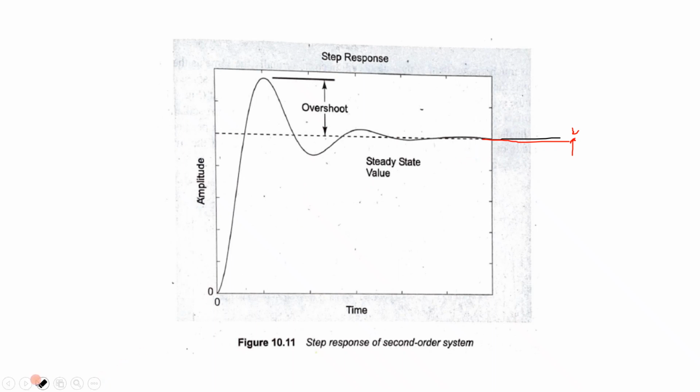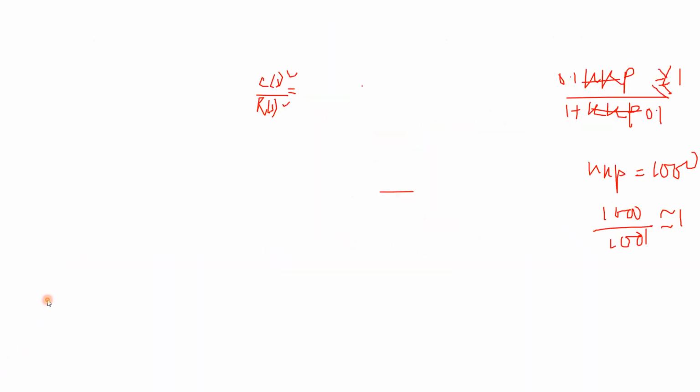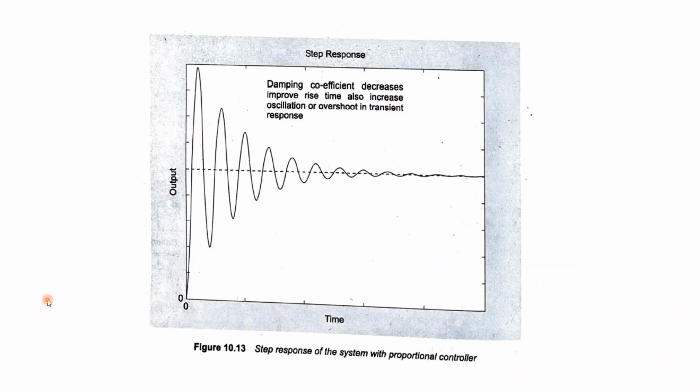Using a proportional controller, you will see that error may decrease, but the system will have more overshoot, the damping coefficient is less, and damping will become less. So the system is becoming more complex and more vulnerable to instability.